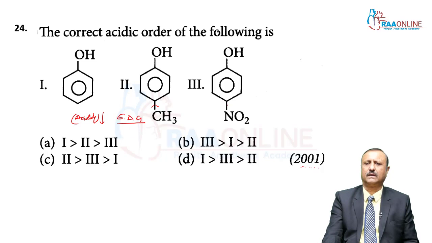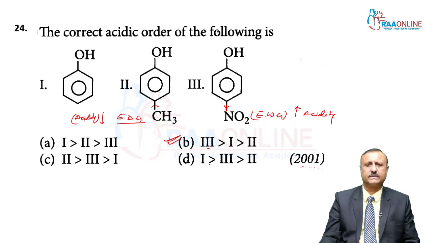An electron withdrawing group increases the acidity. So, my dear students, the third one is greater than the 1st and the 1st is greater than the 2nd. So the answer is B.